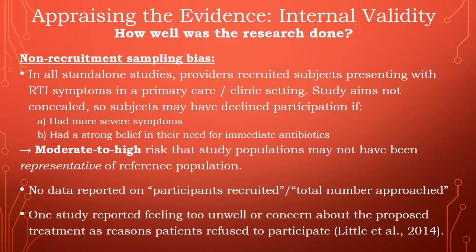The aims of the study were not concealed, so the subjects understood what the researchers were trying to study, and therefore they may have declined participation if they had very severe symptoms or had a strong belief that they needed antibiotics immediately. So I believe there's a moderate to high risk that the study populations that were eventually recruited into these studies might not have been representative of the reference population of just adults with respiratory tract infection.